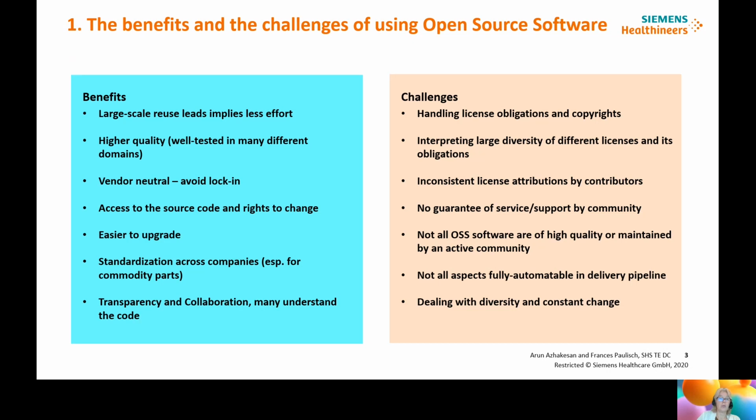When you use open source software, if you choose the communities well, you can have a lot less effort, sometimes also much higher quality, because the components that you use are very well tested in many different domains over many years, often also very well written.